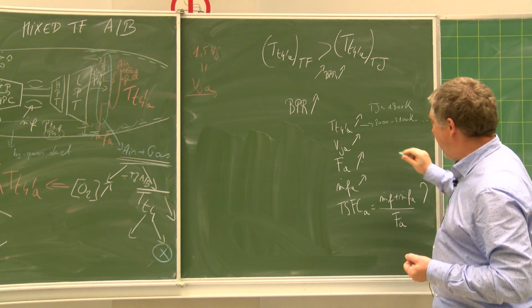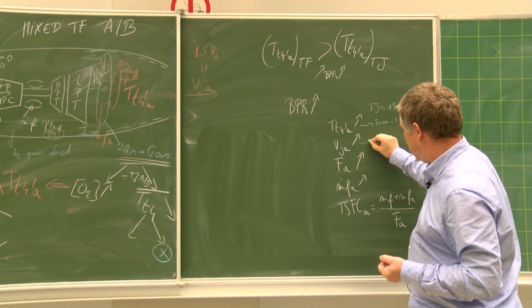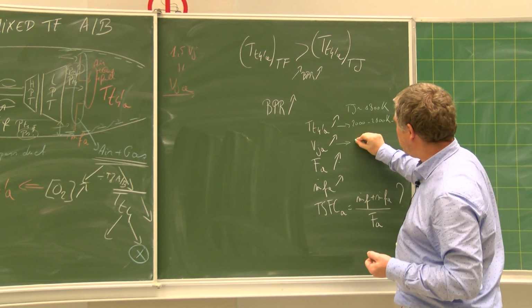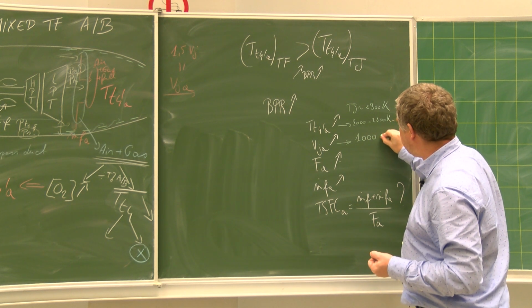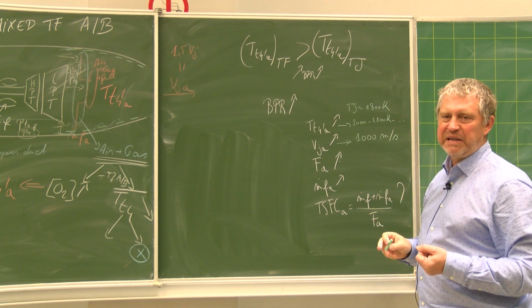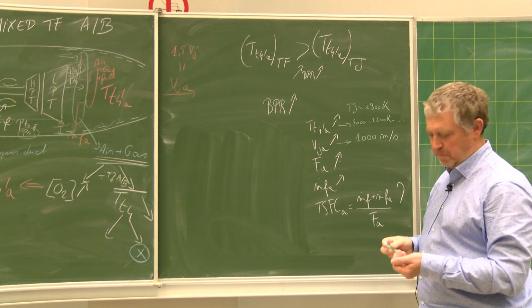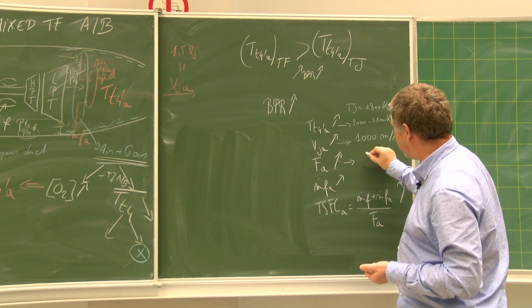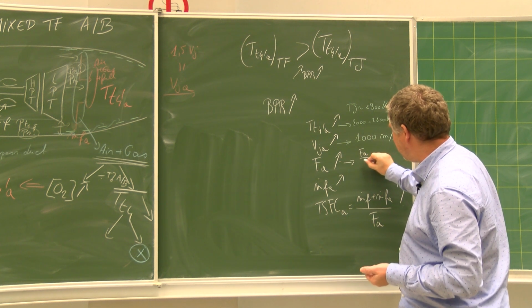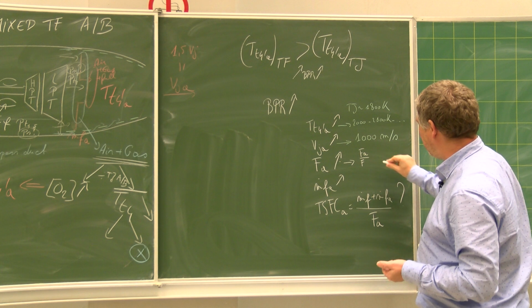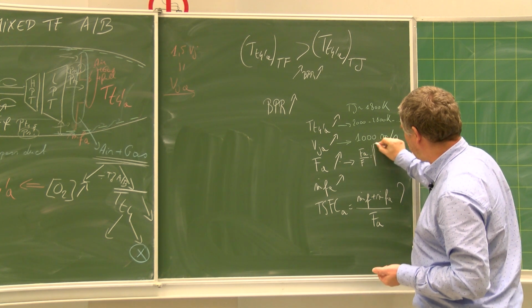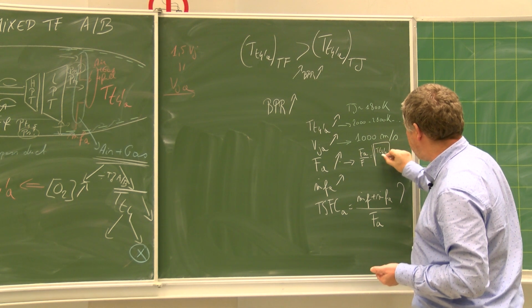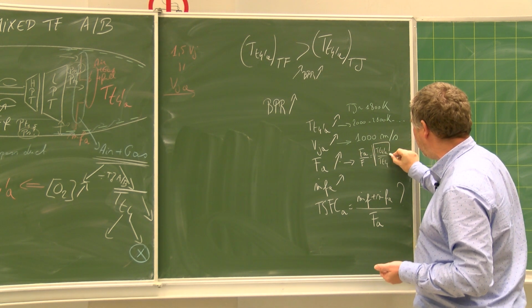Okay? And the VJet A, what is the VJet A that you will obtain? We can go here to certainly a speed of 1000 meters per second. And FA compared to F, so FA divided by F, which is related with the square root of TT4 prime A divided by TT4.